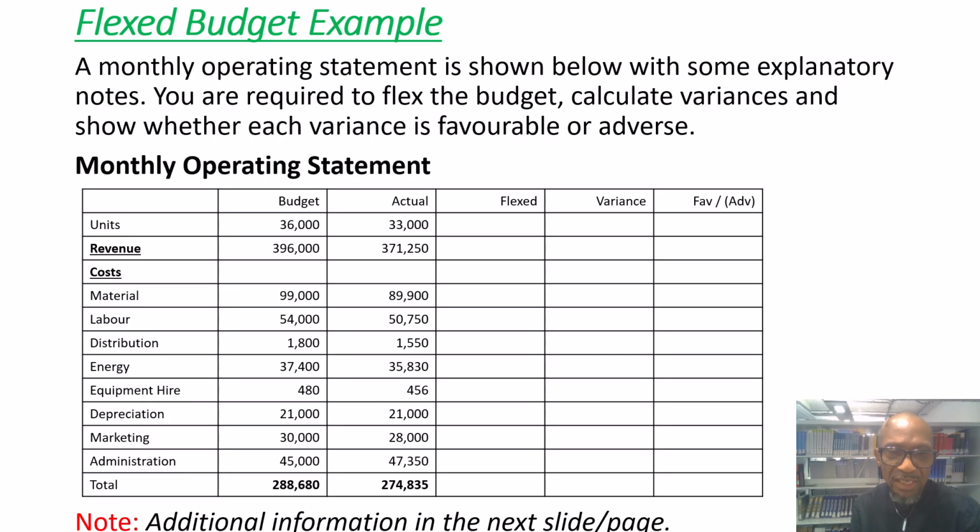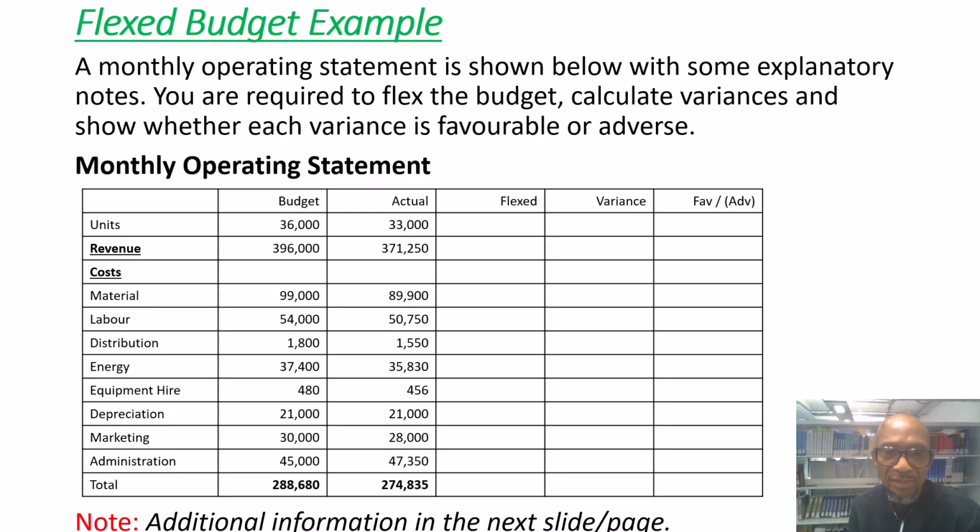We have different columns here. The first column shows the item itself: the unit, revenue, cost. For instance, we have material cost, labor cost, distribution, and so on. The second column is the budget figure itself. The units planned for was 36,000. The revenue expected 396,000. The material cost 99,000. Labor cost 54,000, and so on. Go through the list. The third column is the actual performance.